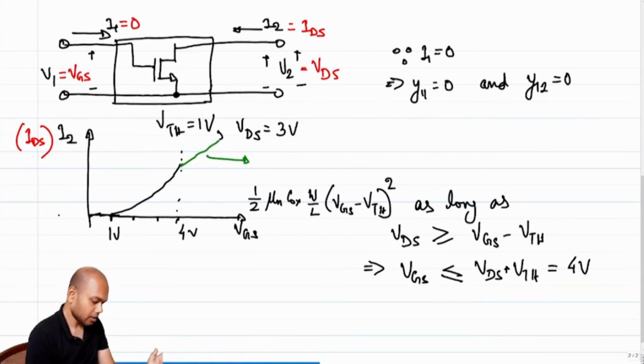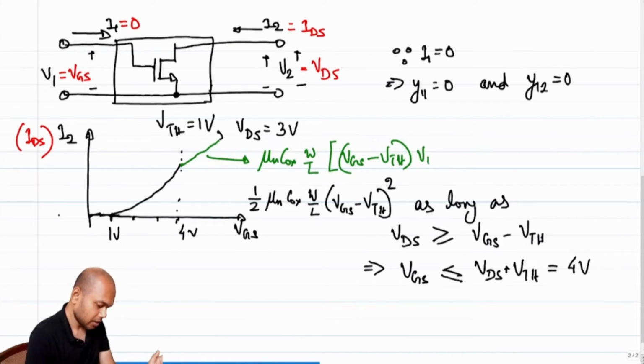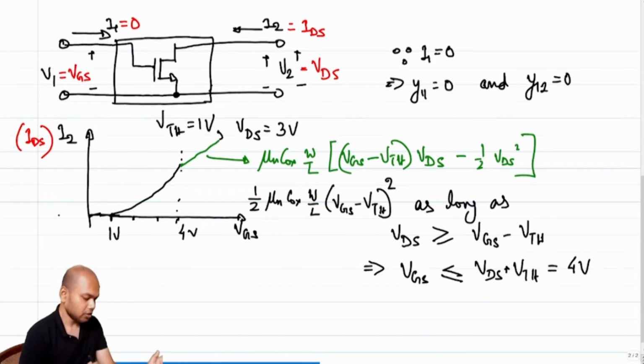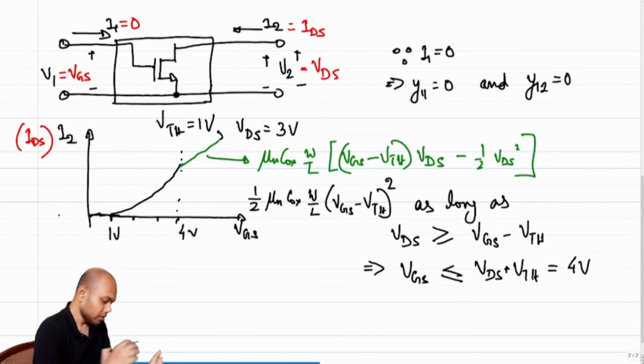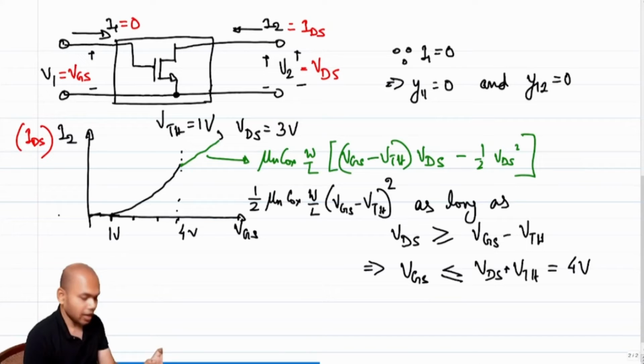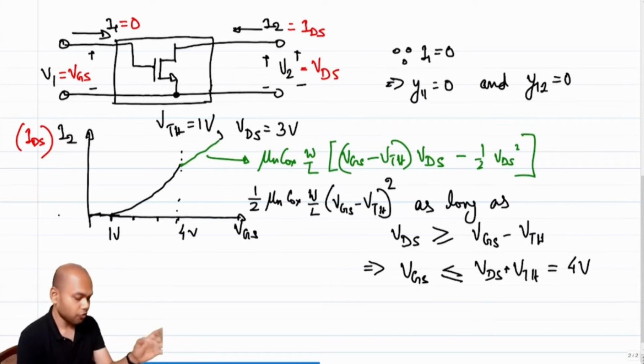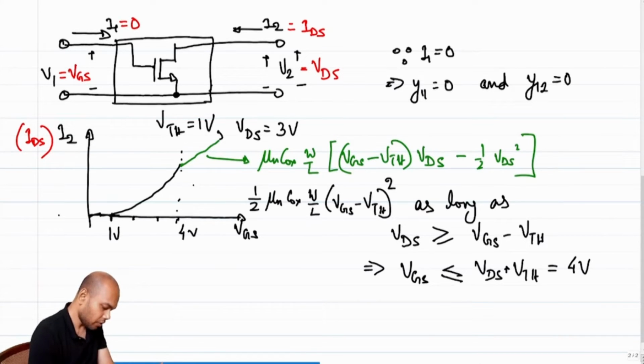So this will be mu n C ox W over L times VGS minus VTH times VDS minus half VDS squared, right? So that will be the linear region condition. Note that this curve is valid as long as VDS is held constant. You have a battery between the drain and the source, constant at 4 volt, right? So this is for VDS equal to 4 volt.